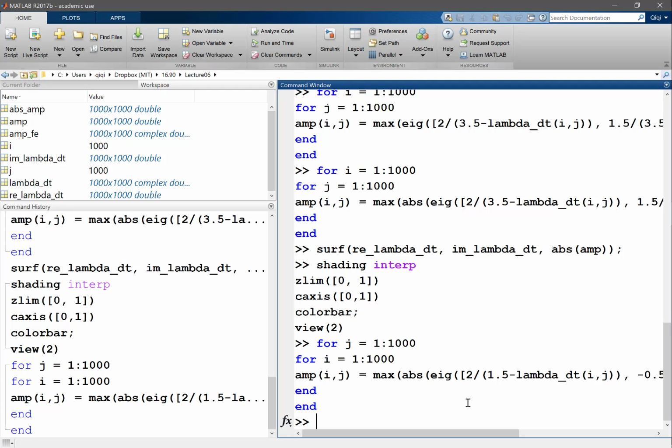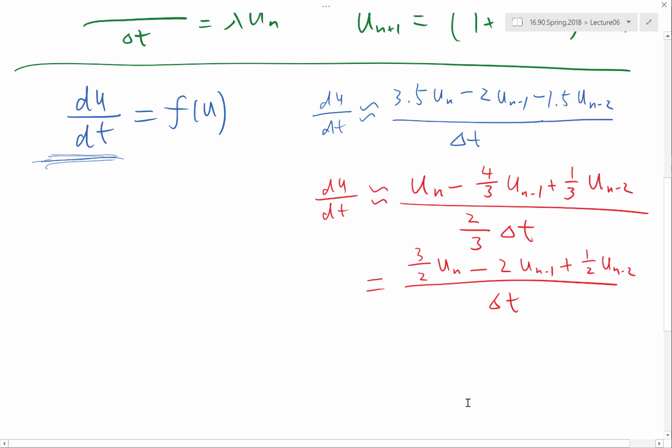Deriving the amplification factor. Can you guys explain to the class what you did to derive these numbers, derive the scheme? Yeah, so we just guessed, okay, let's add another order. If we need to add another order, we need another point in there.